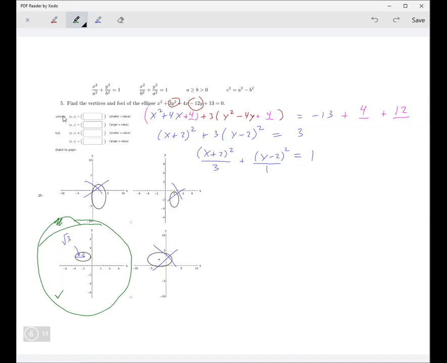To find the vertices, they will be these 2 points right here, and this plays off the center being -2, so it's going to be -2 minus the square root of 3, and then -2 plus the square root of 3. The denominator is the square root of 3 quantity squared.